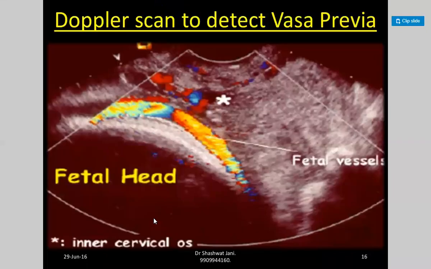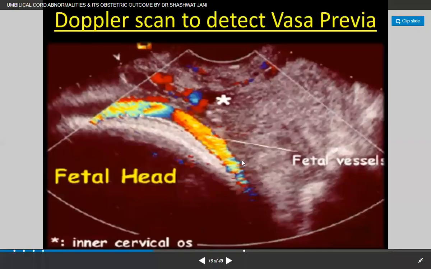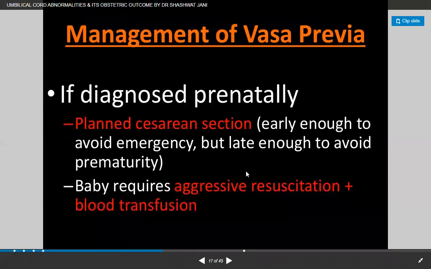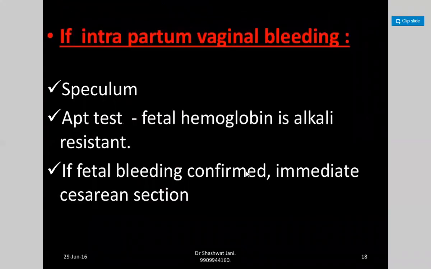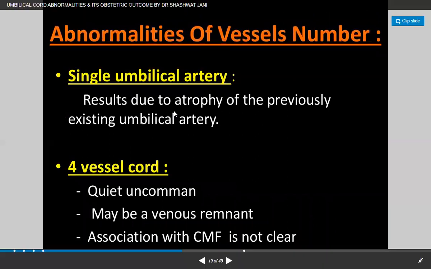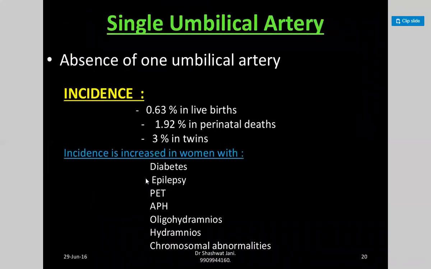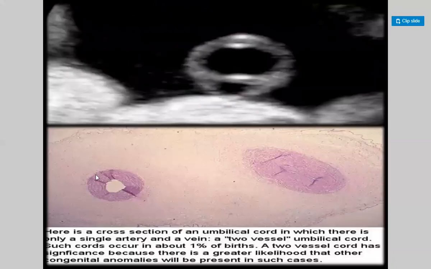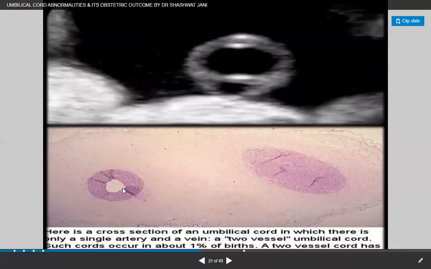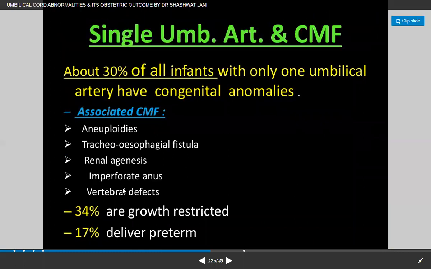Then clinically this is a Doppler scan to detect the vasa previa. Then from the vessel number point of view, there is single umbilical artery, or sometimes there are four vessels, which may be an abnormality. This is how clinically we see a single umbilical artery in cross section of the umbilical cord.